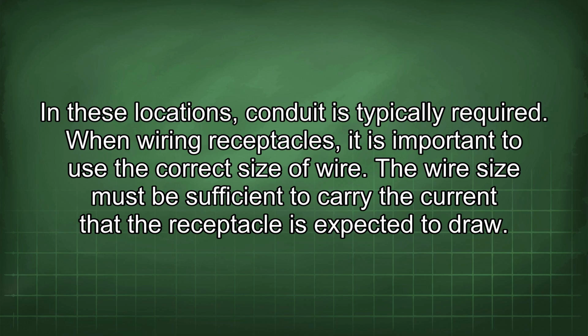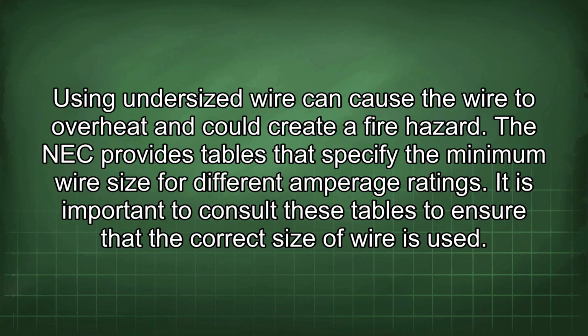When wiring receptacles, it is important to use the correct size of wire. The wire size must be sufficient to carry the current that the receptacle is expected to draw. Using undersized wire can cause the wire to overheat and could create a fire hazard. The NEC provides tables that specify the minimum wire size for different amperage ratings. It is important to consult these tables to ensure that the correct size of wire is used.